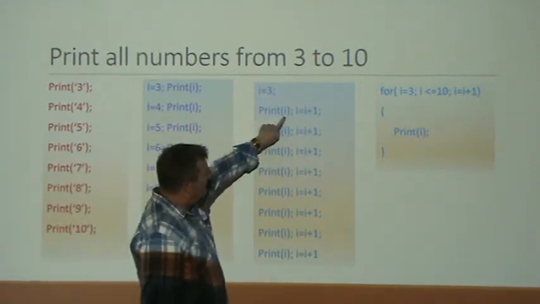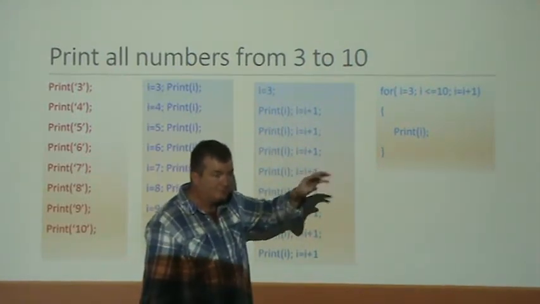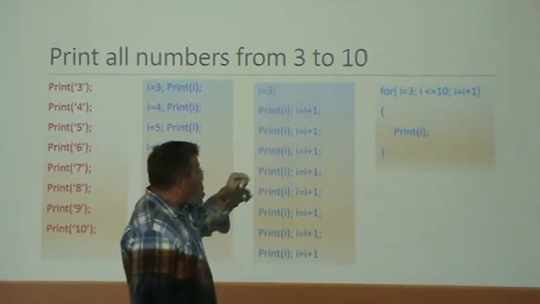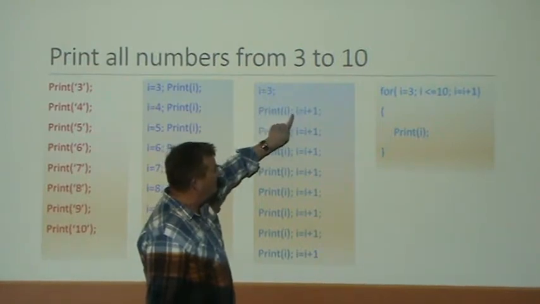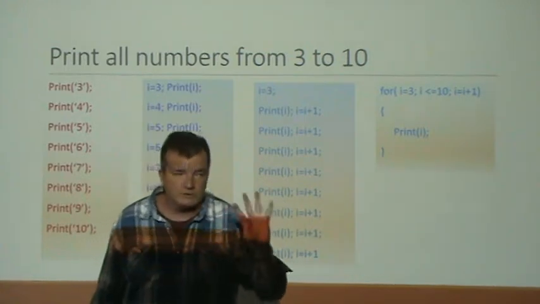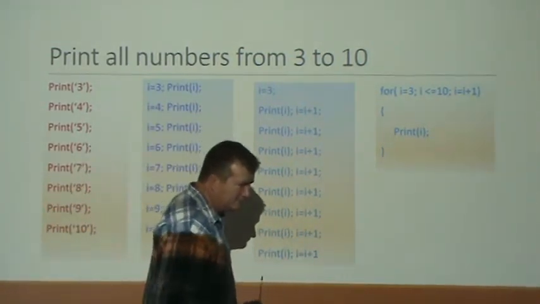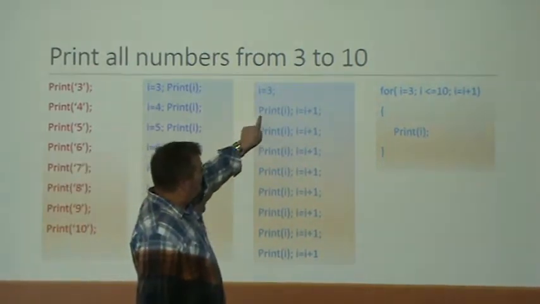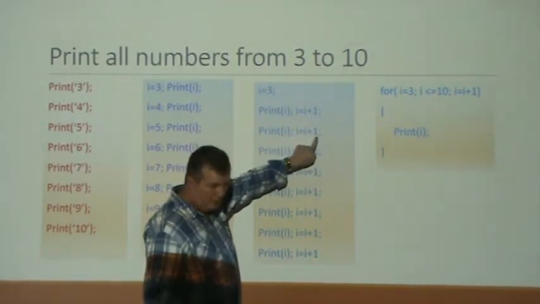I'm going to print I, and then I'm going to say whatever I is, add 1 to it. So my variable would be 3. I would print 3, and then I would make I become 4. It would become 3 plus 1, which is now 4. Right? Okay. Then I would print 4, and then I would equal I plus 1.